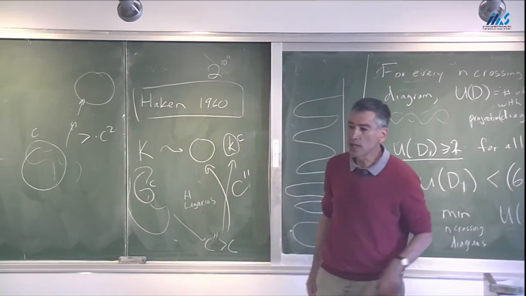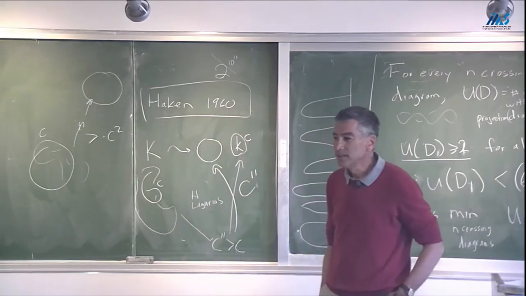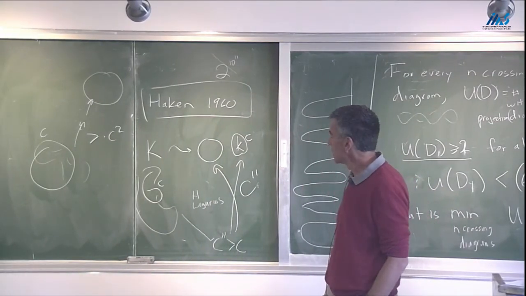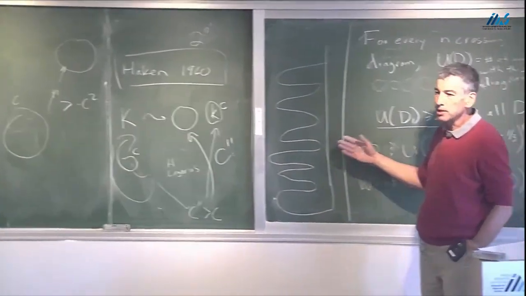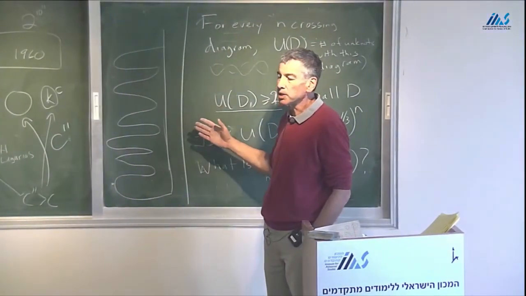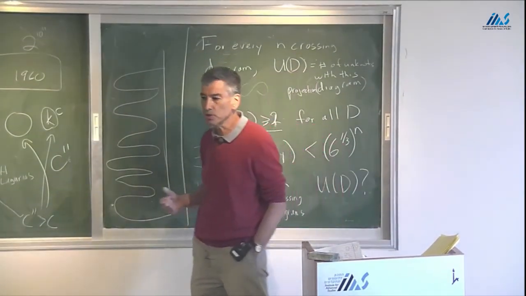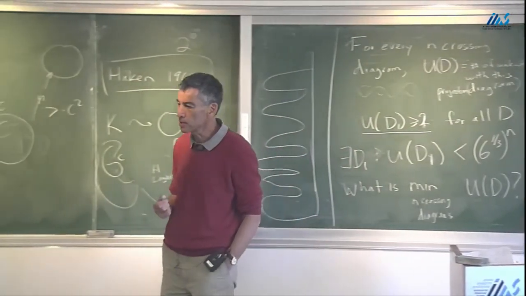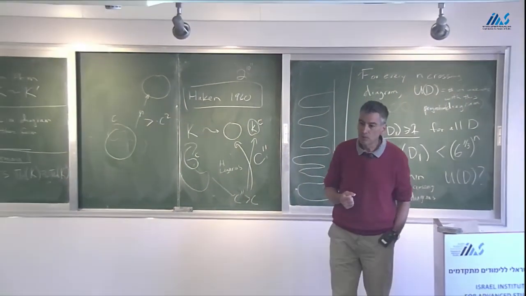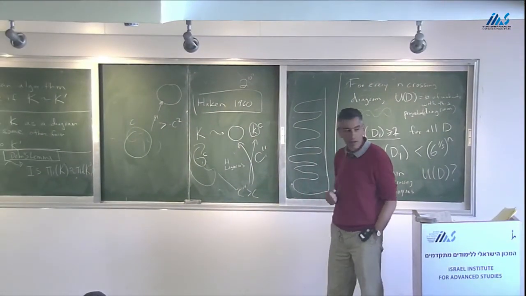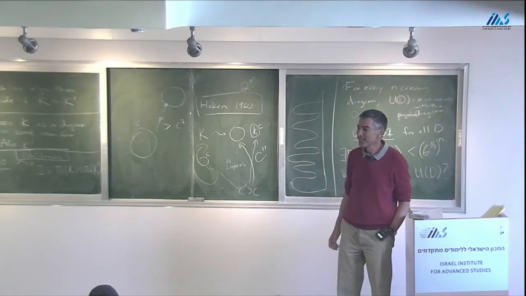So these algorithmic methods are making a lot of progress. But I think the real interest in the invariants is not that they can be used to tell knots apart, but that they're revealing something about the geometry of space, which we don't quite understand yet. That's really what's appealing about them. Well, I think I'm going to finish. Thank you.